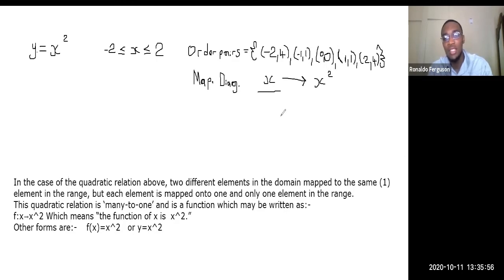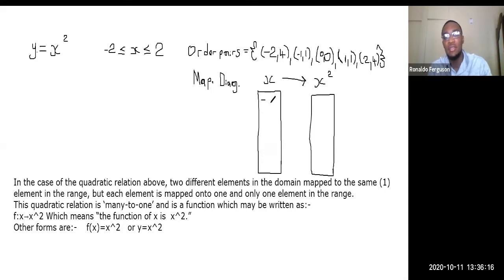And so what I like to do is draw my box. Some people like to use circle, some like to use box or rectangle, some like to use square. Whatever you like to use, that is your preference. But the mapping diagram must just show what is being mapped to what.